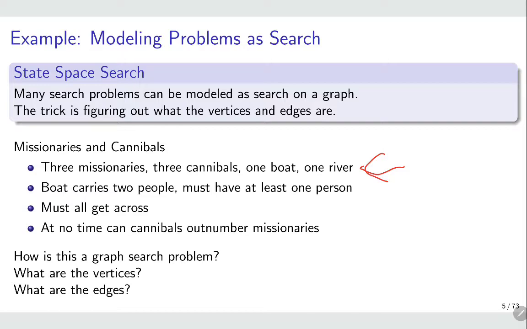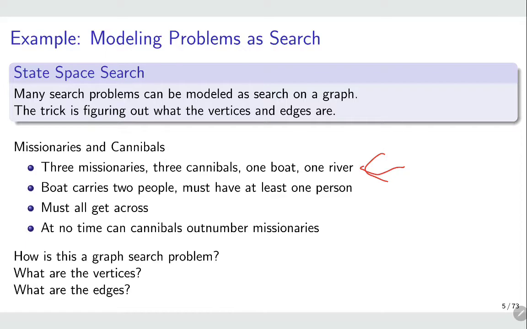Whatever you consider to be undesirable. In any case, this is the rule of the game, right? So we have to move all the three cannibals and three missionaries from one side to the other, where the rule is that the boat can hold at most two people, and at no point in time, on either side of the river, should there be a group that has more cannibals than missionaries. Okay, and they all have to get across.